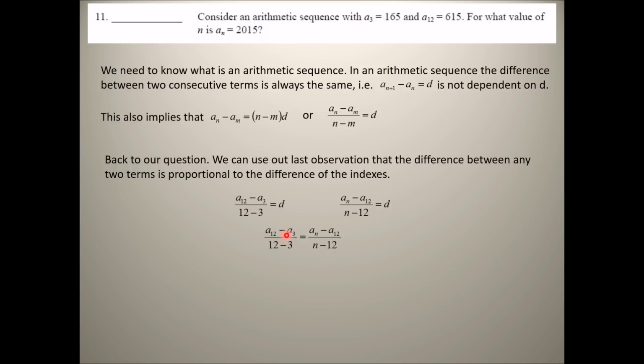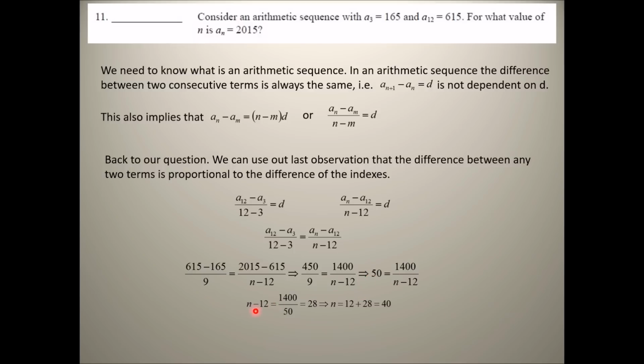We already know what a12, a3, and a_n are, because they're up here. So 615 minus 165 over 9 equals 2015 minus 615 over n minus 12. You subtract these to get 450 over 9 equals 1400 over n minus 12, and 450 divided by 9 is 50, so 50 equals 1400 over n minus 12.